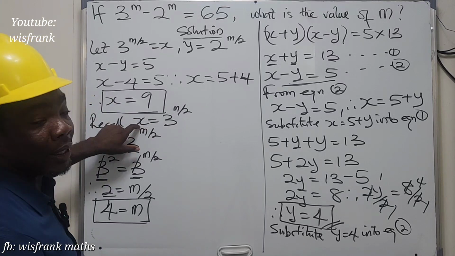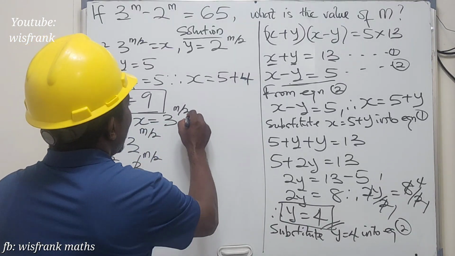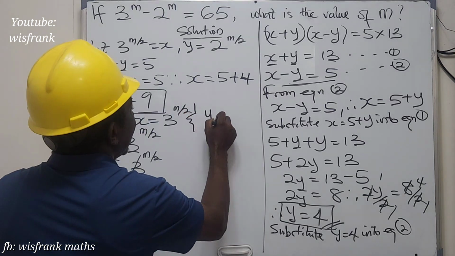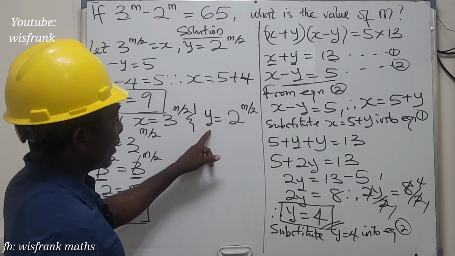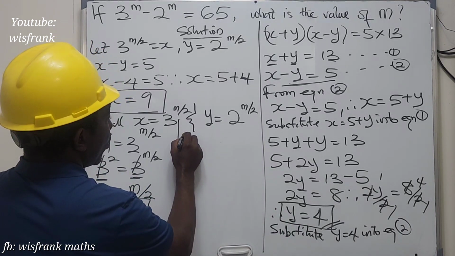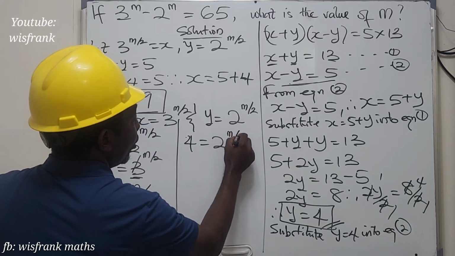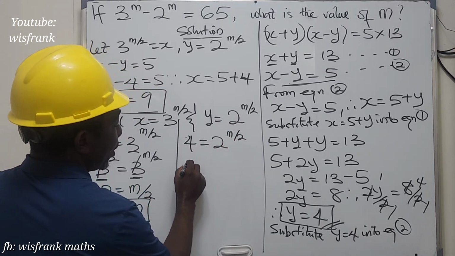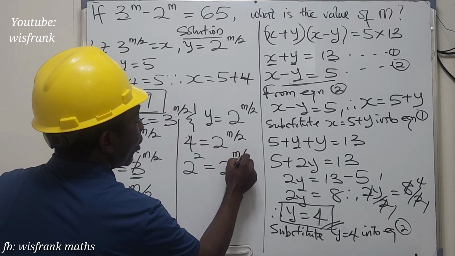So that is for x equals 3 to the power of m all over 2. We also have here y equals 2 to the power of m all over 2. In this case, our value of y equals 4. So we have y, which is 4, equals 2 to the power of m all over 2. y equals 2 to the power of 2 equals 2 to the power of m all over 2.